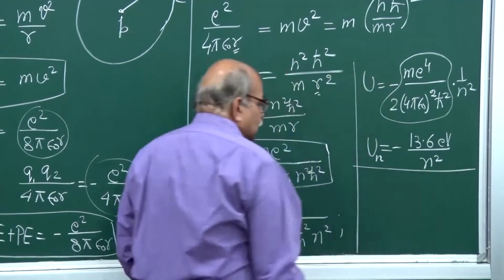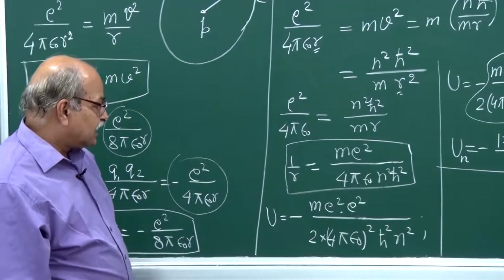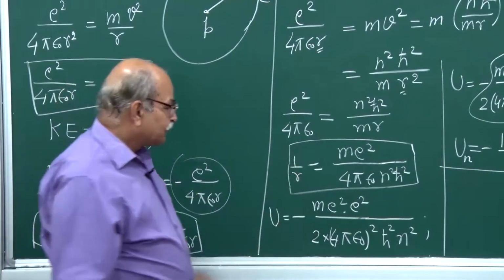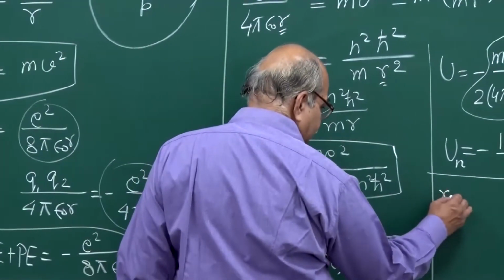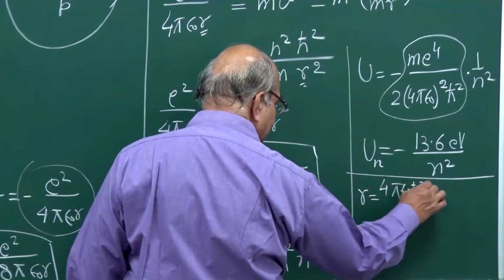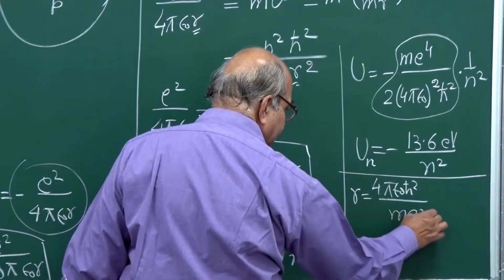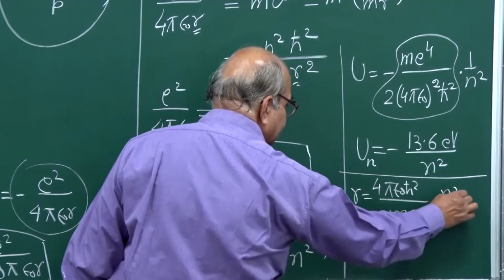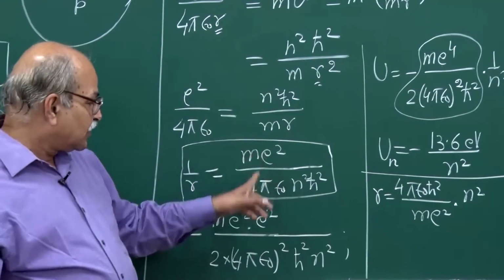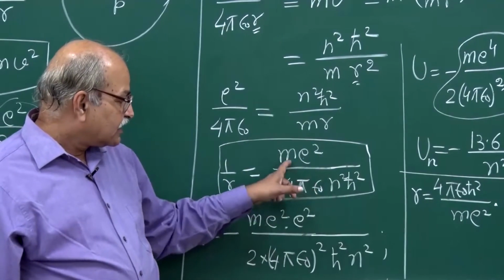Okay. And how does R vary? We have this 1 by R here, so you can write the expression of R also. R is 4 pi epsilon naught h cross square divided by m e square, multiplied by n square. You have to take the reciprocal.